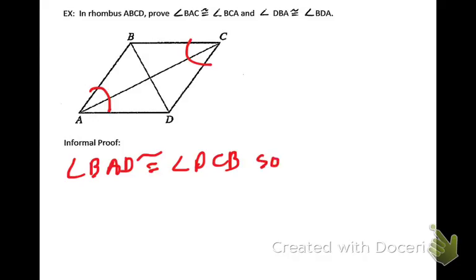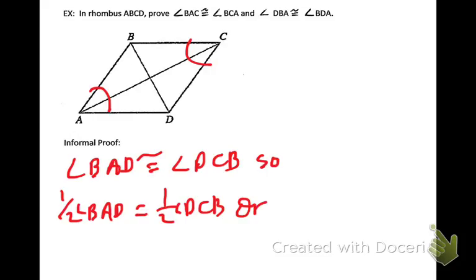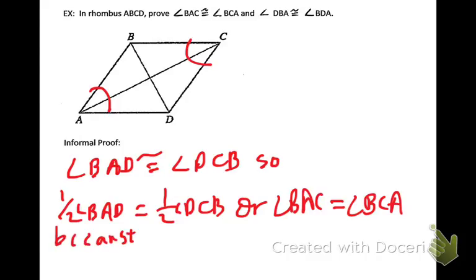So we could say that one half of angle BAD is equal to one half of angle DCB, or we could say angle BAC is equal to angle BCA, because the diagonals bisect the angles.